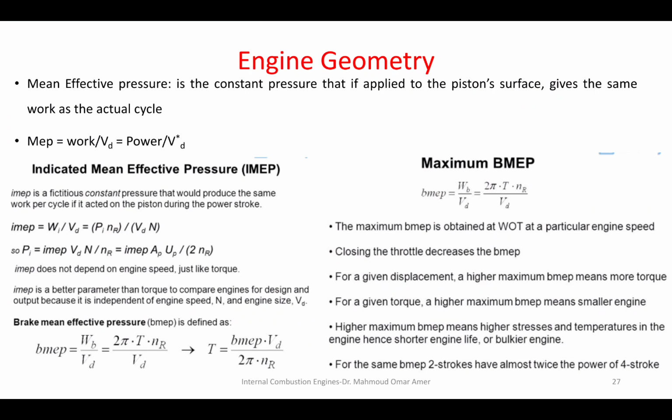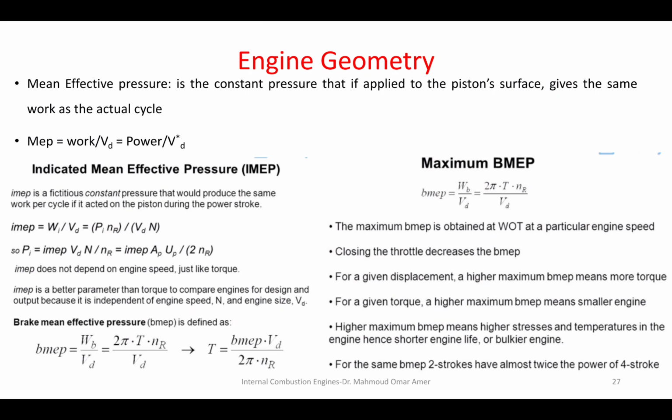So if you want to calculate the work, the mean effective pressure is a constant value, so it will be a rectangle that you calculate the work from. It will be the mean effective pressure times V_D, the displacement volume.